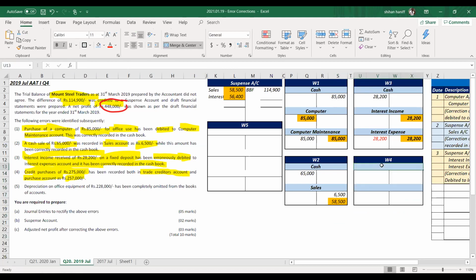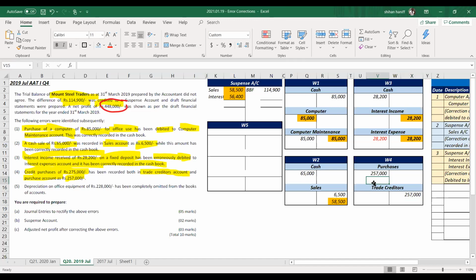So when we purchase on credit, double entry will be purchases account debit and trade creditors account credit. So actual amount is 275. It was recorded as 257. So purchases account 257, creditors account also 257. Both recorded 257.